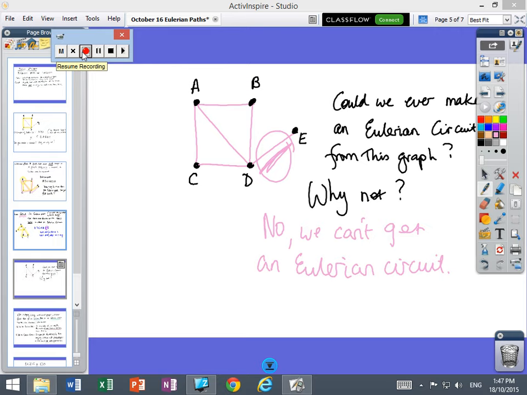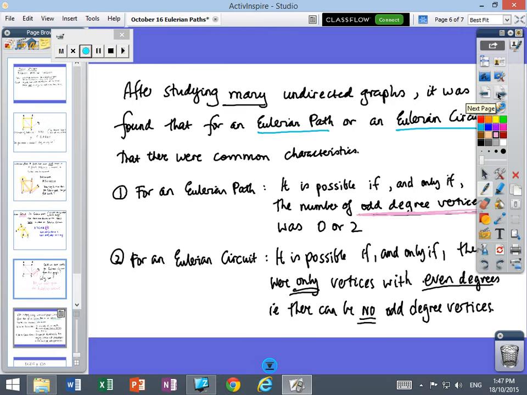Okay, you're back again, and we're moving on to the next slide. Some mathematicians have been working hard on undirected graphs, and they came up with a few notes about Eulerian paths and Eulerian circuits that I think you would love to have in your cheat sheet for the test, because these are stock standard. For an Eulerian path, you can have odd degree vertices, but you can have none of them or two of them, and that's the only way it'll work.